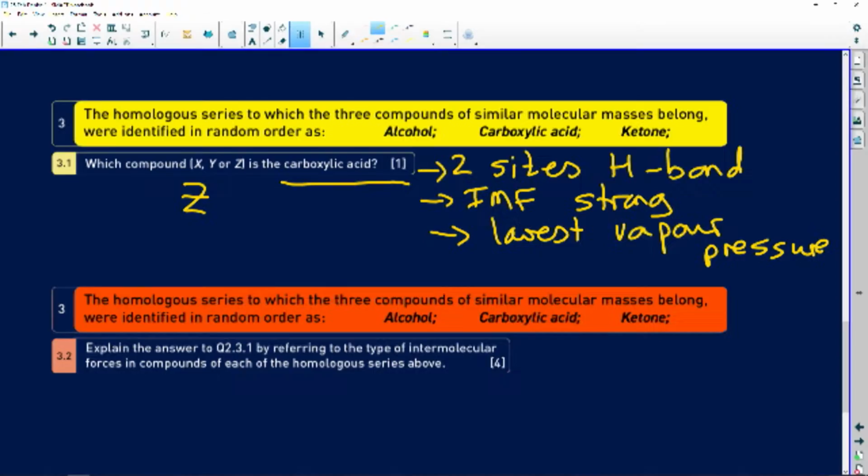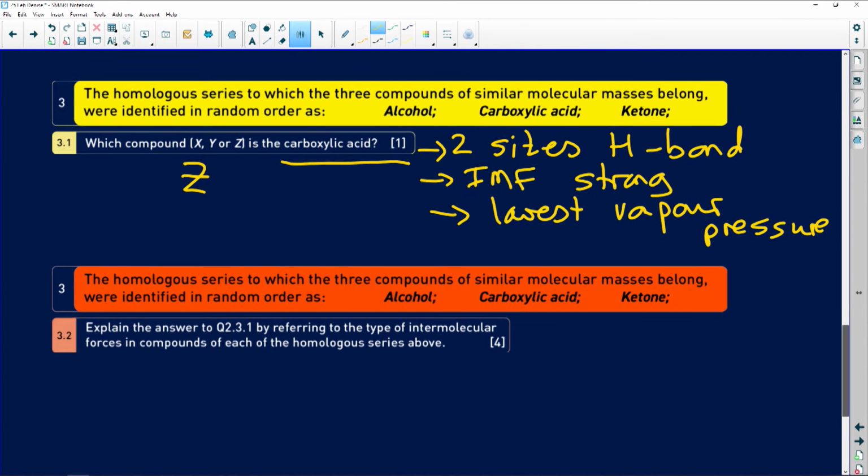You can't just refer to intermolecular forces, all right? You say which one is going to be stronger, which one is going to be weaker, where you will need more energy or less energy to overcome those forces, and that is how you need to explain the higher order question. So let's have a look at it quickly.